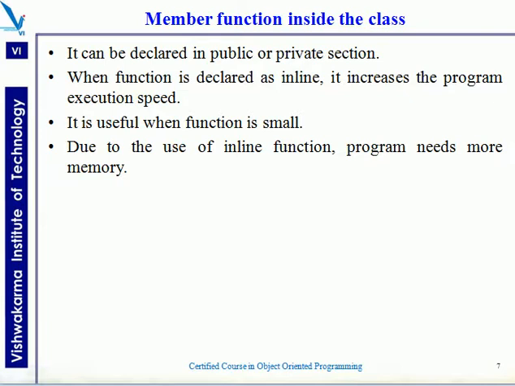That is, function body is inserted in place of function call during compilation. So, it increases the program execution speed. But this can be useful only when the function is small. Due to the use of inline functions, the program needs more memory.